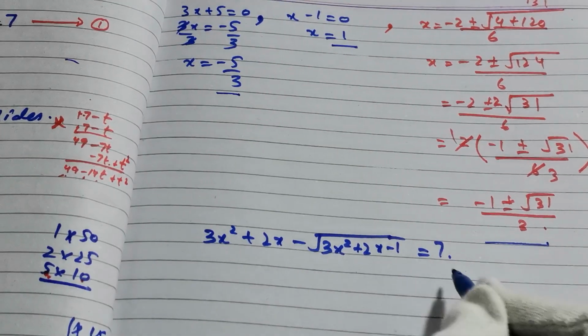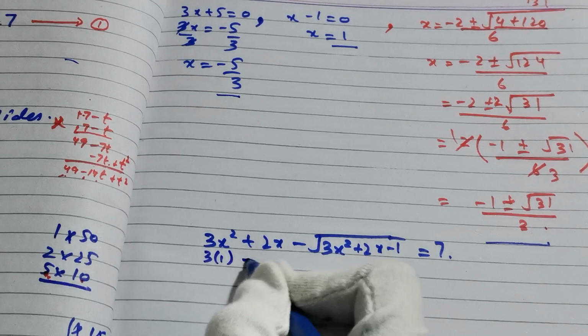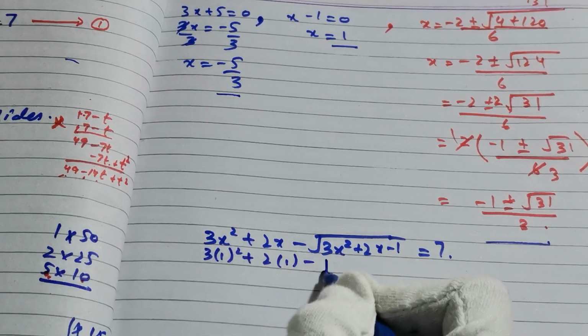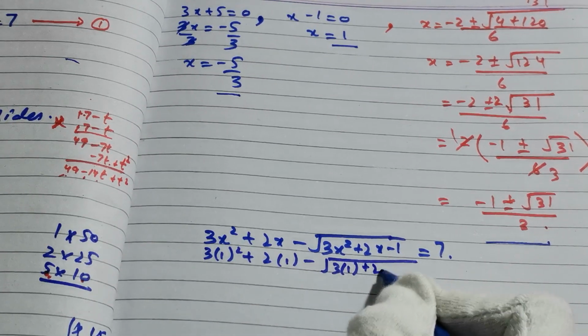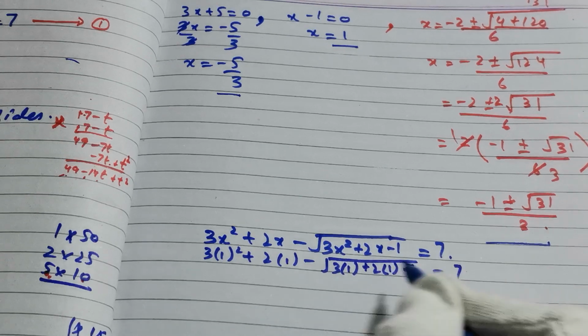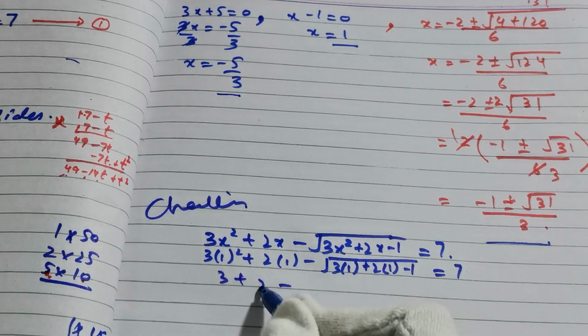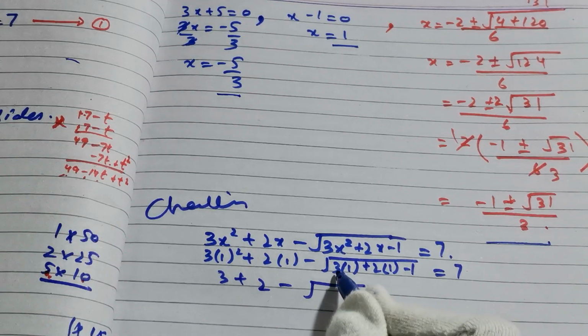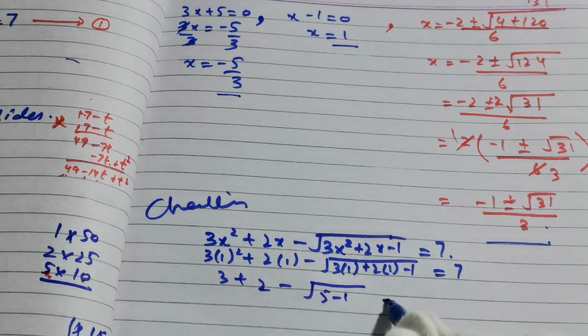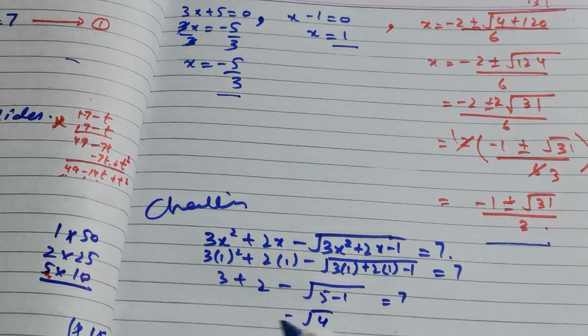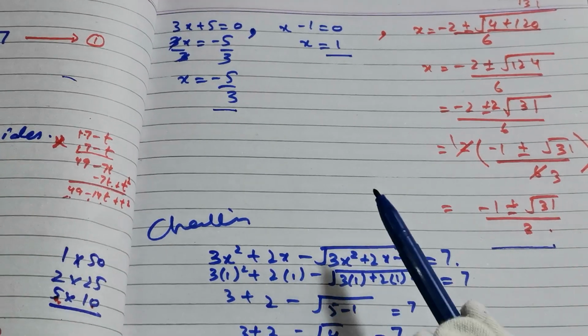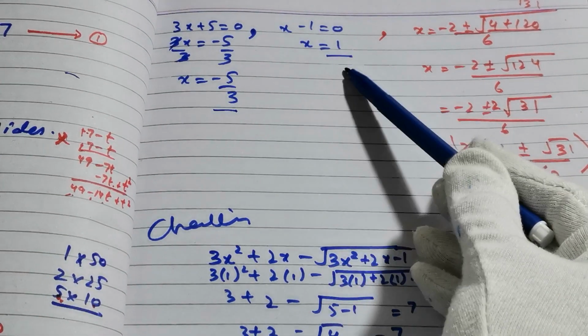For example, if we put 1, it means 1 is not a root, it is an extraneous root.